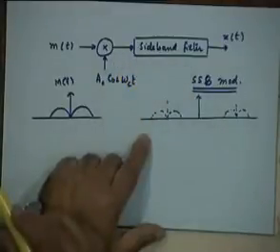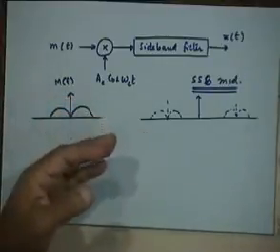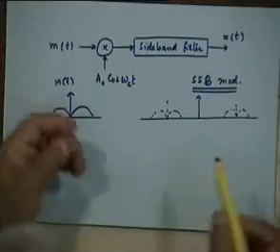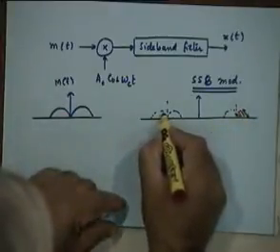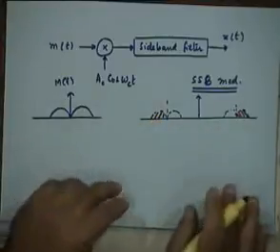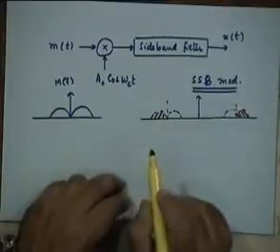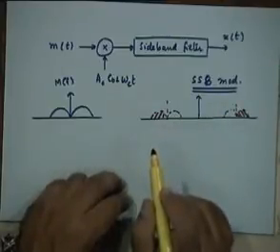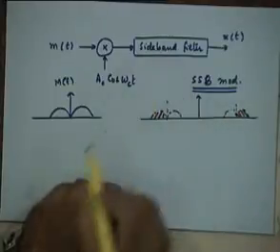Now after you put the sideband filter, what are you retaining? You are retaining either this part or you are retaining the other part. So if you want to retain this part, what kind of a sideband filter should you have?